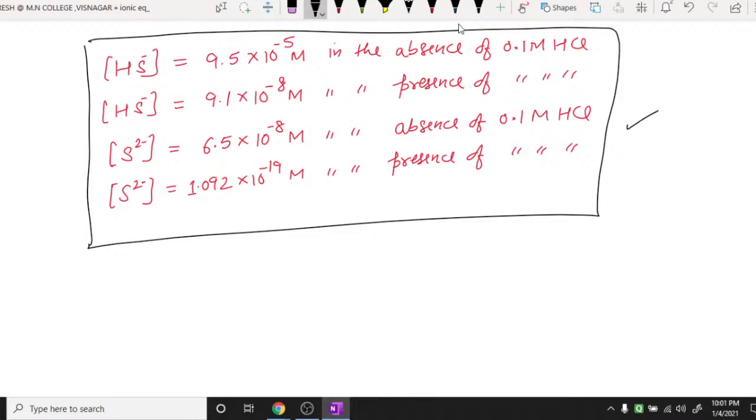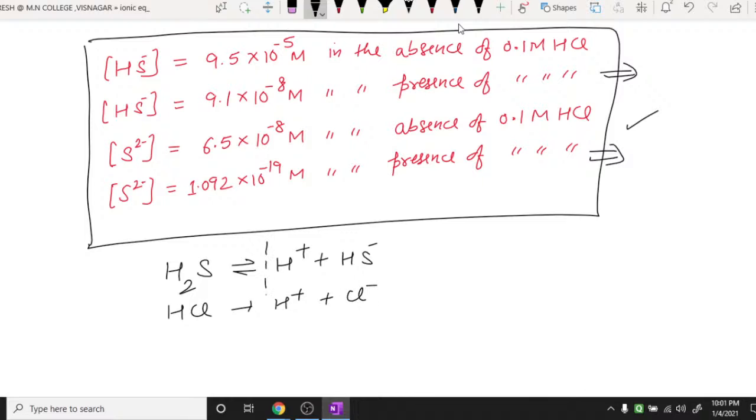Okay, this is due to common ion effect. H2S becomes H plus and HS negative. So when HCl is there, due to common ion effect, dissociation of H2S is suppressed.